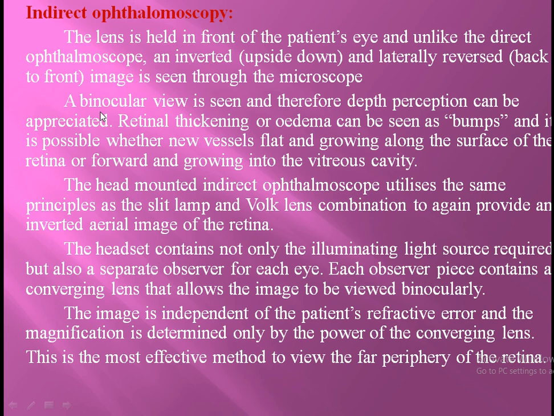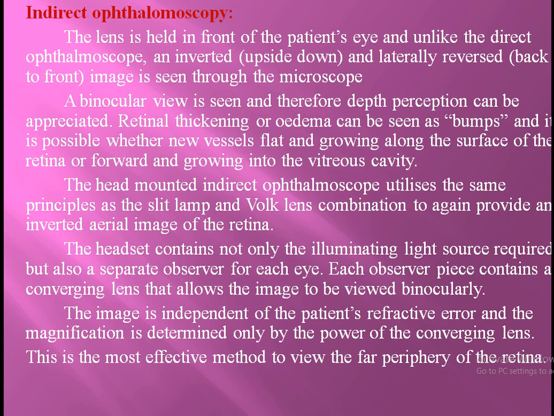That is, you are using both of your eyes, and therefore depth perception can be appreciated. Retinal thickening or edema can be seen as bumps, and it's possible to tell whether new vessels are flat and growing along the surface of the retina or forward and growing into the vitreous cavity.